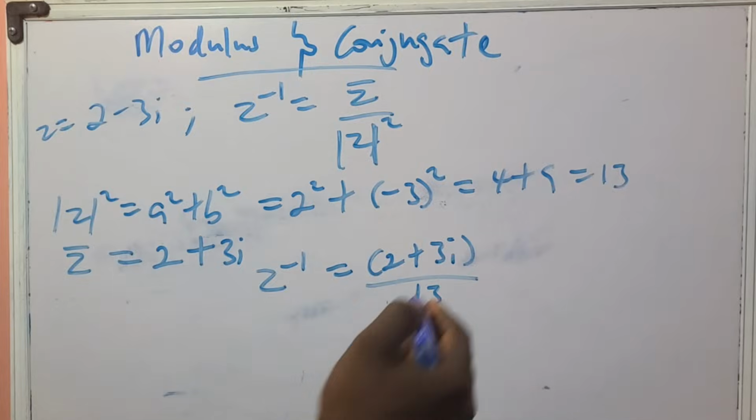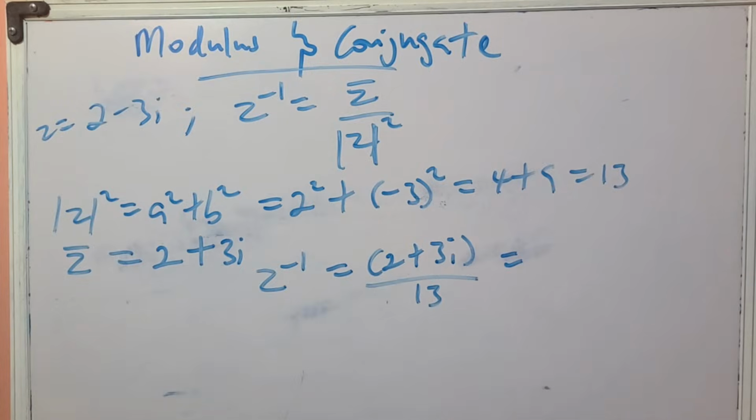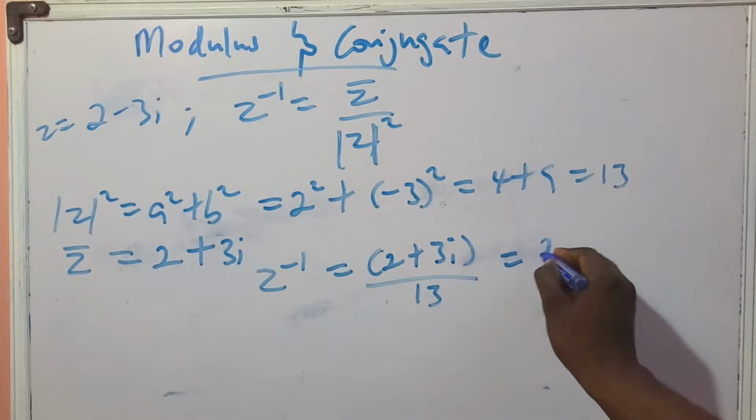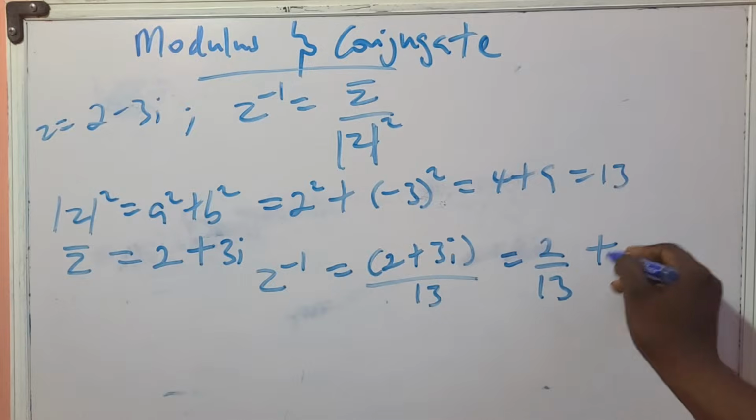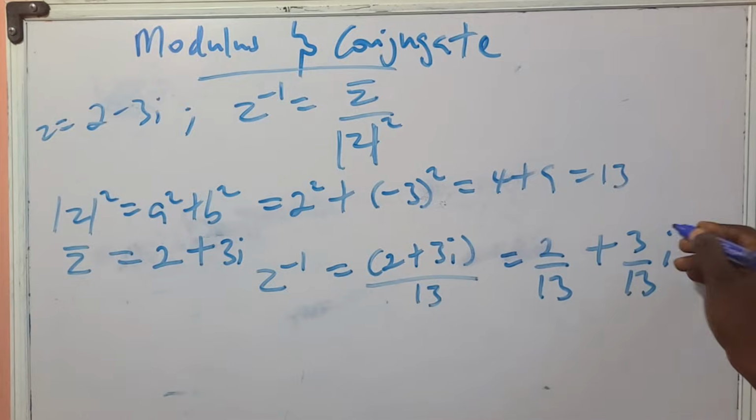And what you can do is split this up, because that'll be very nice to do. Let's split this up and we'll have 2 over 13 plus 3 over 13 i. All right, that's simple. If this question was an open book, you could decide to use that formula or make use of this. So this is the real application of conjugate and modulus of a complex number.